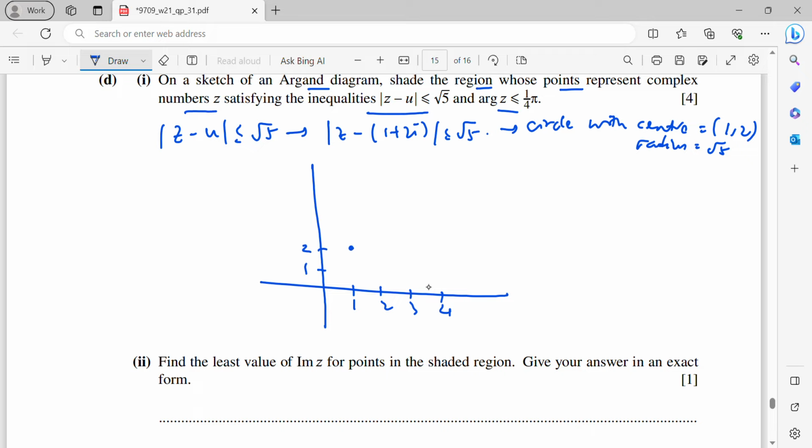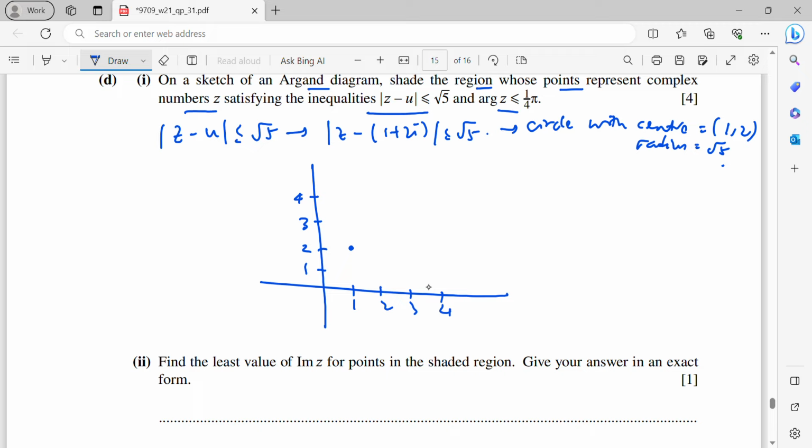Then now, the radius is square root 5. So square root 5 is basically 2.24. Alright, so 2.24 from 1, it will be 3.24. So here is 3, here is 4. So it will be somewhere here. Let me check.